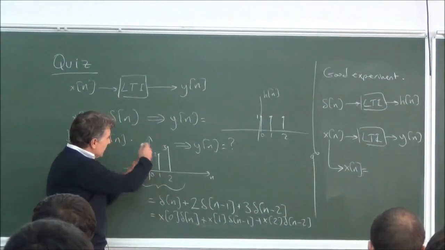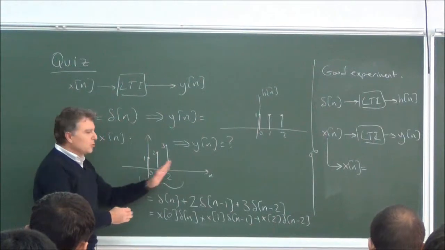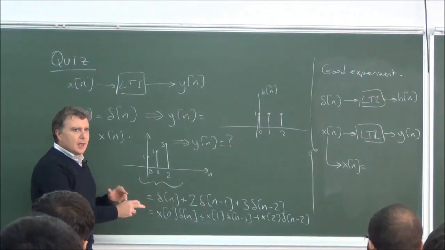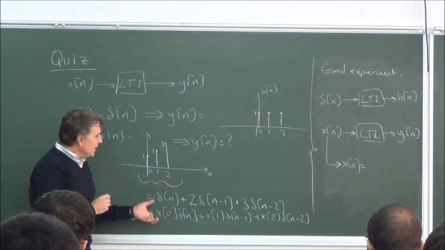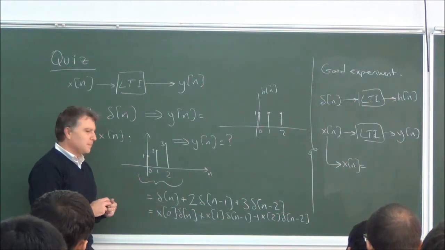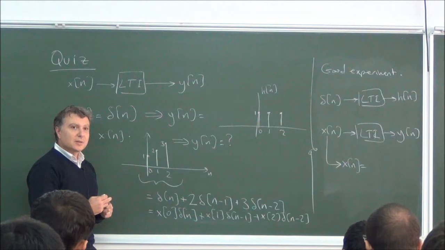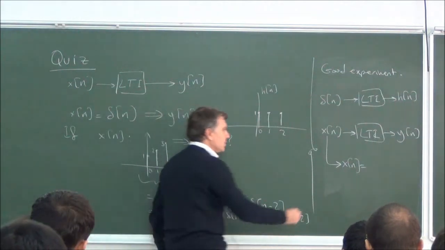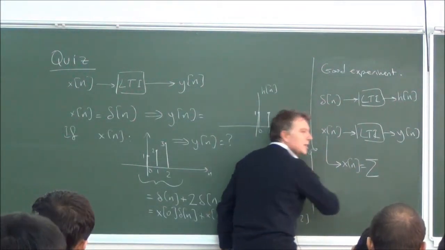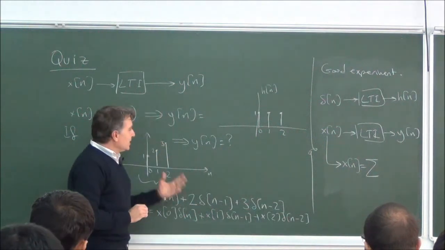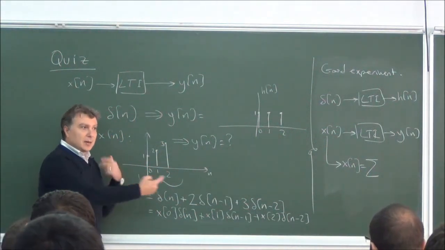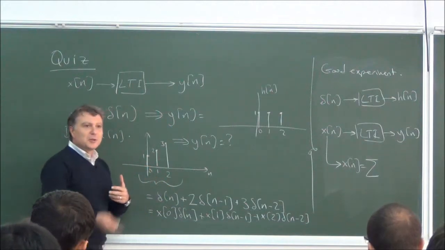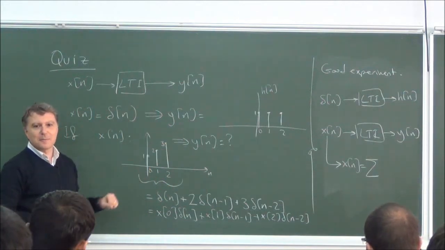The support of this signal is from 0 to 2, so this much is fine. But in general, for any arbitrary x of n, can you give me the formulation of this summation? It's a summation, so let's write it like a summation. It can be length 3, but it can be more. It can be from minus infinity to infinity. It can be infinitely long.